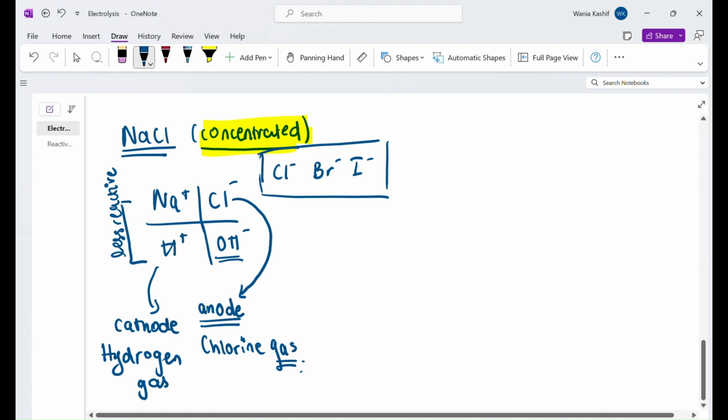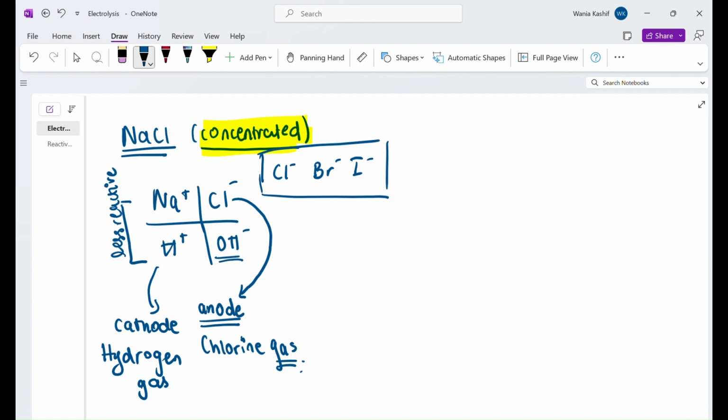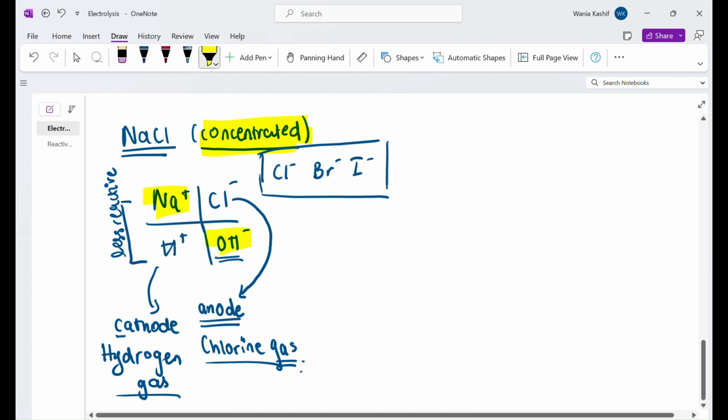They will ask you for basically which products are formed, and it is possible for them to ask you at which electrode, so that you know now. However, if they ask you for 3 products, then you have chlorine gas, you have hydrogen gas, and the ions that are left behind are sodium and hydroxide.